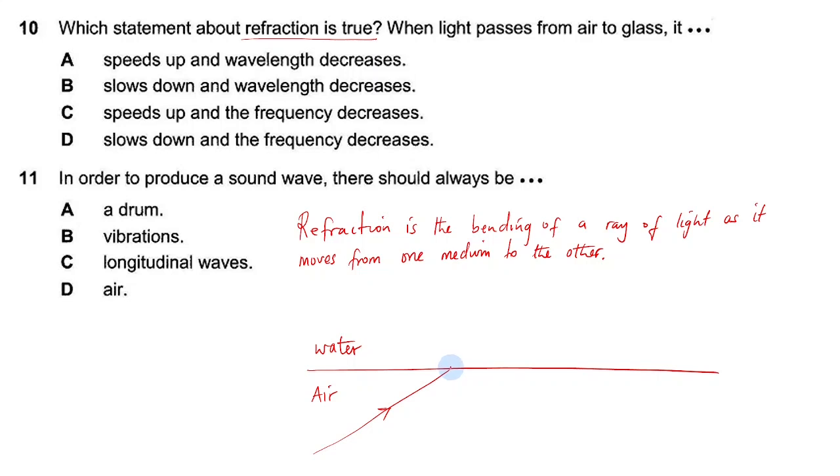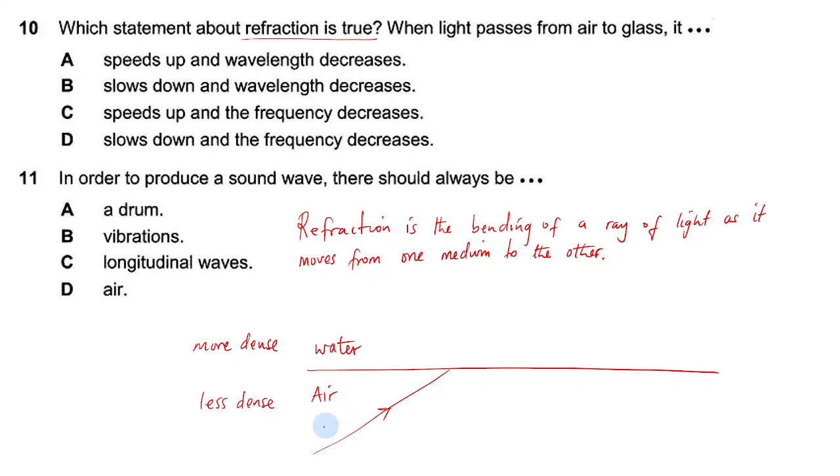So if it is moving from air to water, they differ in how heavy they are. In physics, that heaviness of something we call density. We can say water is more dense and air is less dense.